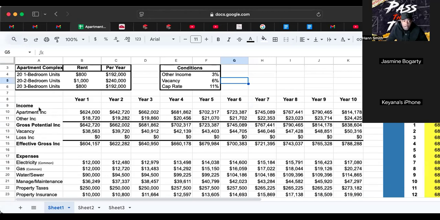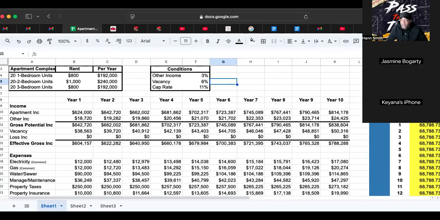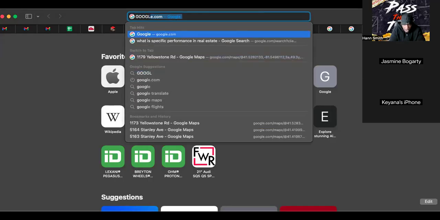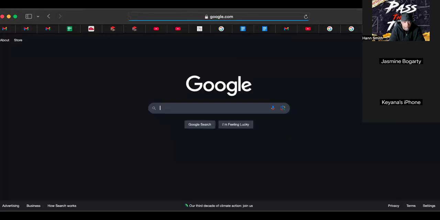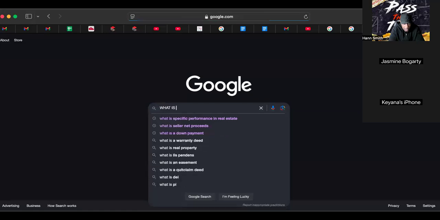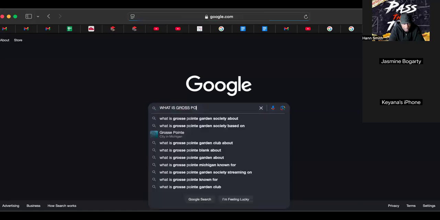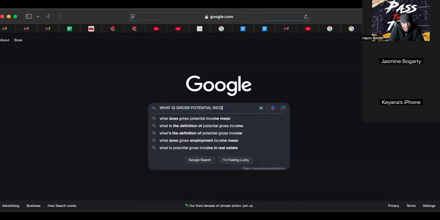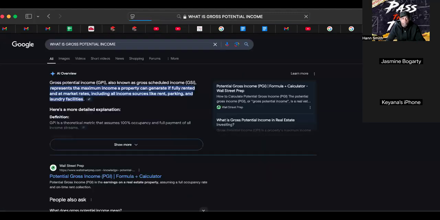You've got to know what it means to have gross potential income. So this is what I want to do, y'all, so y'all can see it. And I'll have somebody else tell y'all. All we're going to do is type in, what is gross potential income? And that's a definition right here.